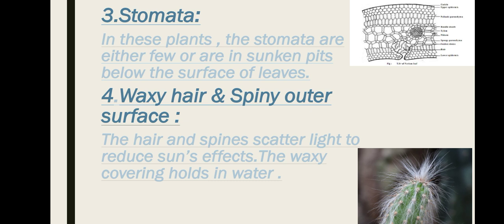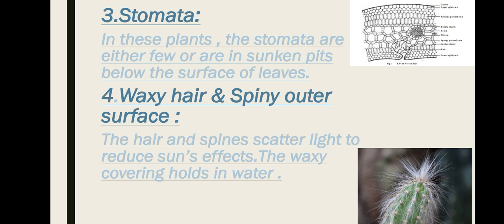So in xeric plants, stomata are present in really fewer numbers, as well as they are present in sunken pits below the surface of leaves. It is so because if they will be present on the outer surface of the leaf, then there will be more chances of water loss. To prevent this, they are present in fewer numbers as well as in sunken pits.